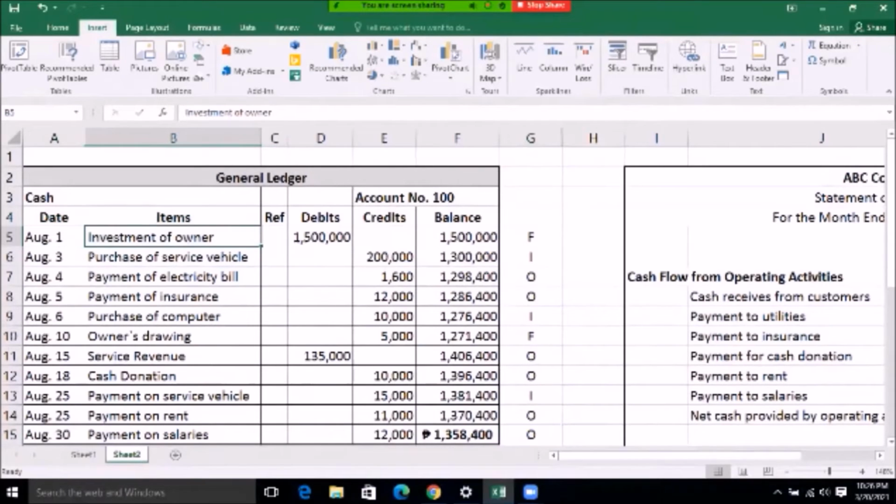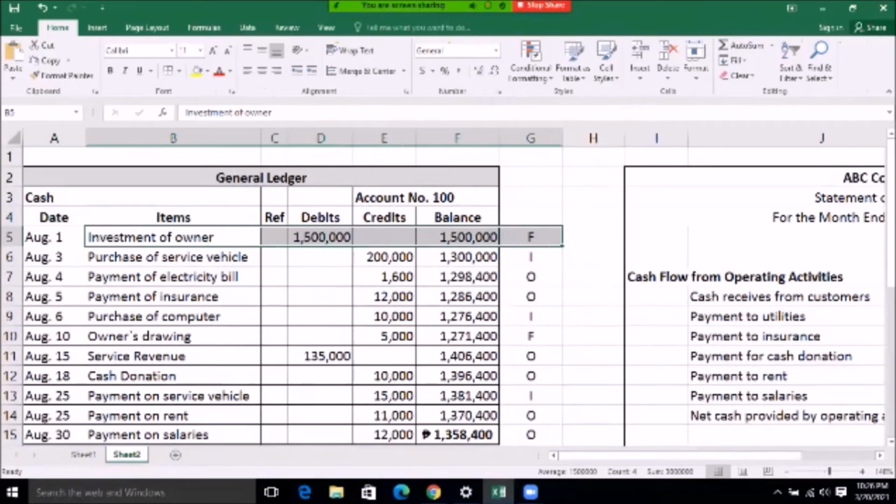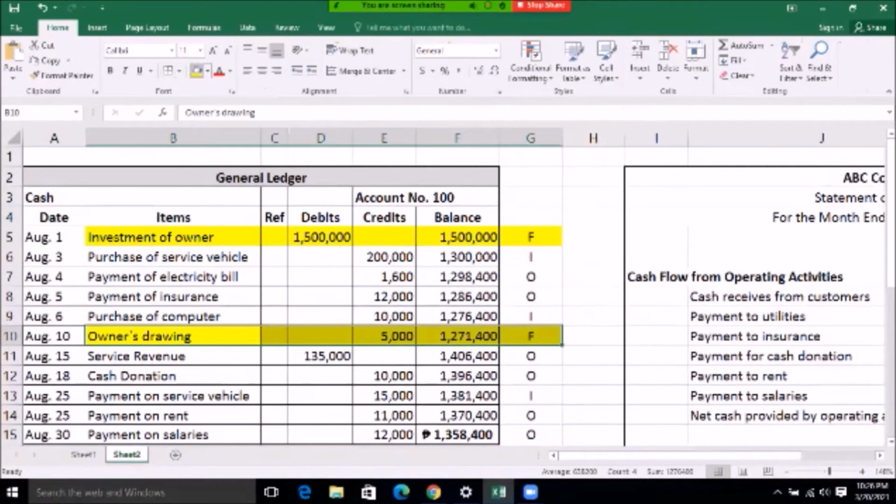So, kulayan po natin, or i-highlight po natin ng yellow. And then, lahat naman po ng investing ay highlight natin ng color blue. So, tatlo po ang investing.